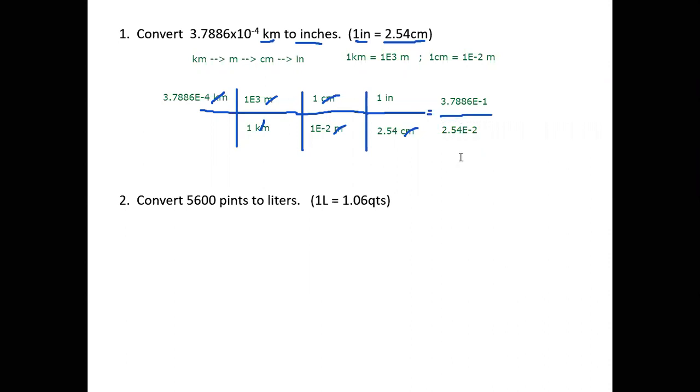Now, what you can do here, if you don't want to use scientific notation in your calculator, is if you take 3.7886 and divide it by 2.54, you'll get the numerical part of your number in scientific notation. But you can put it in as exponents if you want as well.